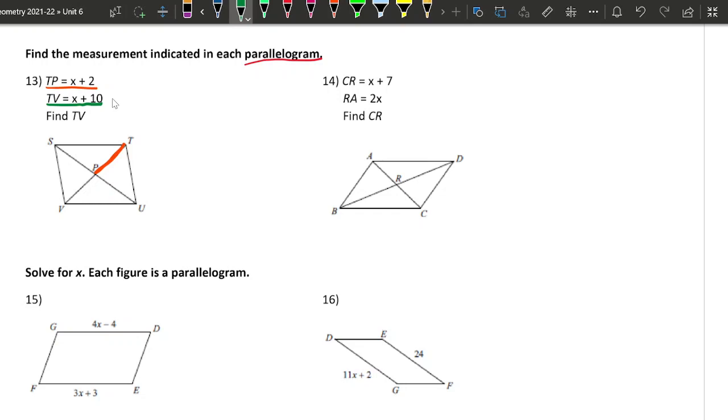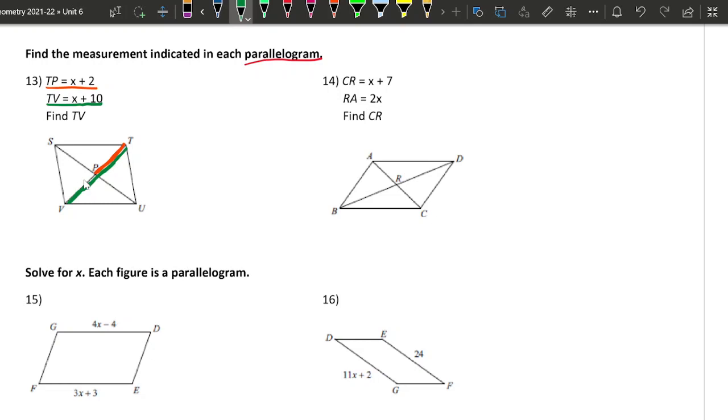So TV is x plus 10. And so find that in the picture. It's the entire length of that diagonal. So both are on the same diagonal. The orange one is part of it, and the green one is the whole thing.